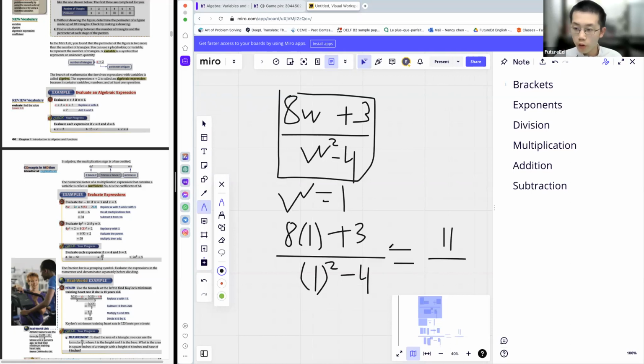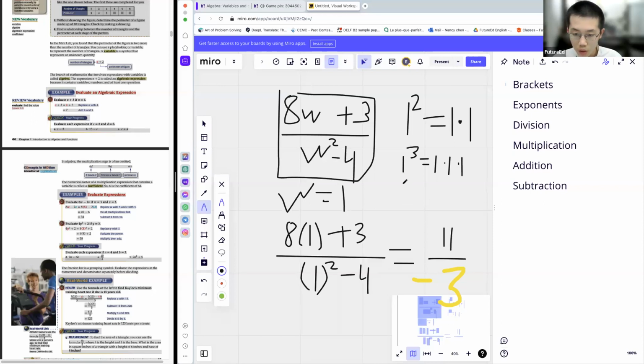What is 1 squared? I forgot what the square means. Okay, so a square is the same thing as an exponent. I know that might not mean anything to you either, but 1 squared is the same thing as 1 times 1. If I gave you 1 cubed, it would be 1 times 1 times 1.